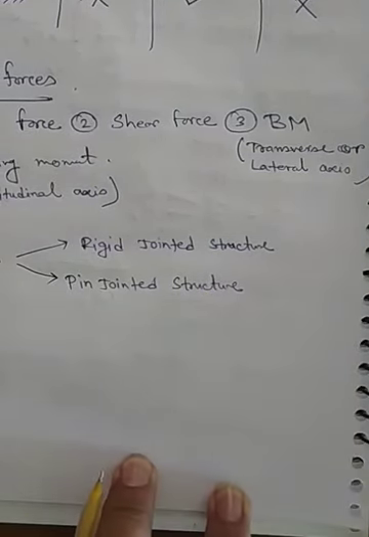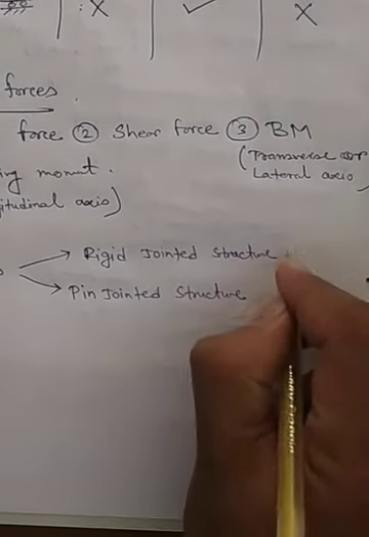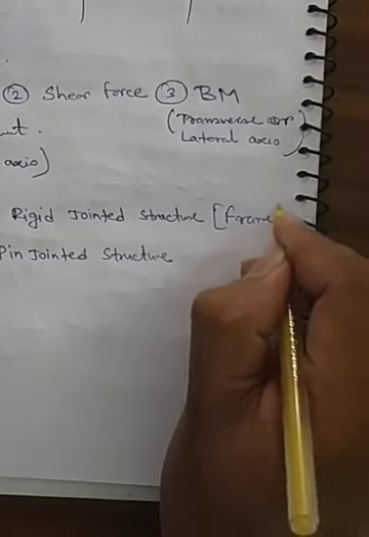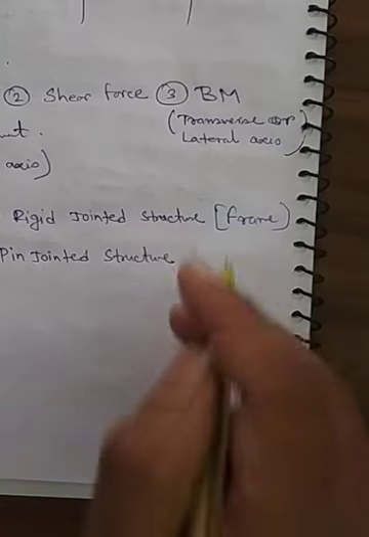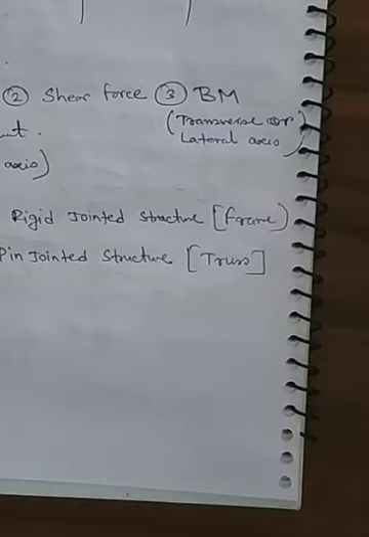In case of rigid jointed structure, an example is a frame, any portal frame like structure, and a pin jointed structure is like a truss.